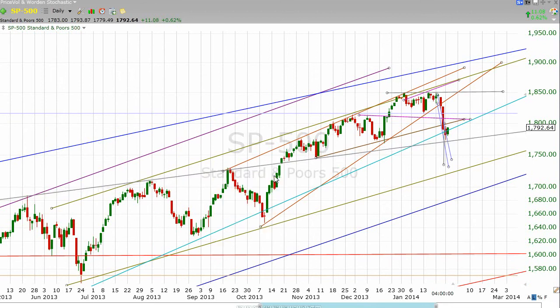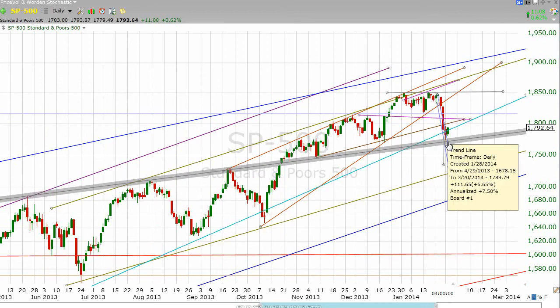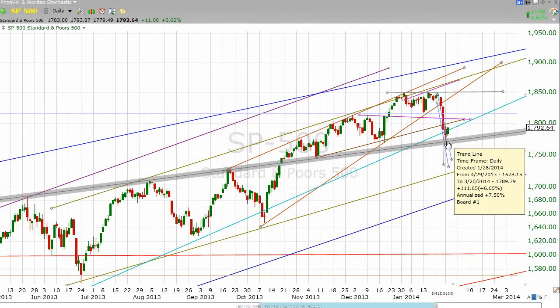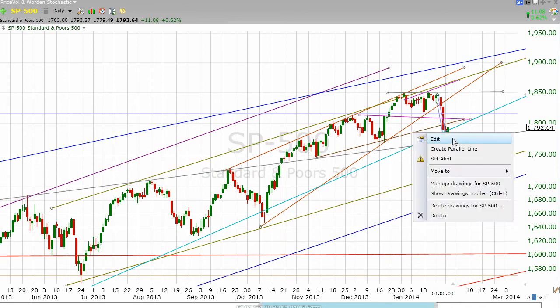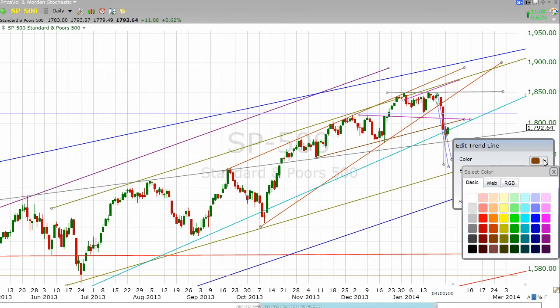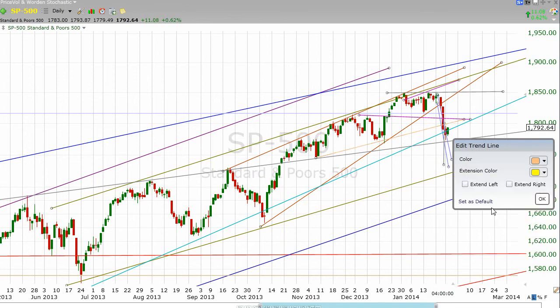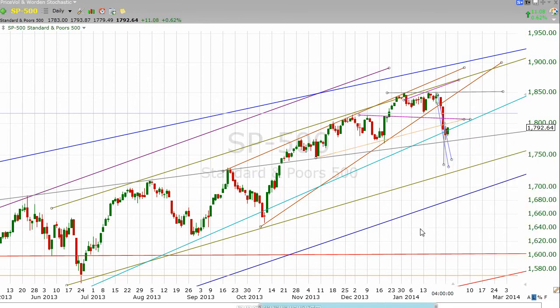If you look and we extend this out, that looks to be at least providing a little bit of a bounce. Now, I'm going to make another change on this chart. I'm going to take this line and I'm going to leave it. I'm just going to make it a really light color. And I'll tell you why I'm doing that.